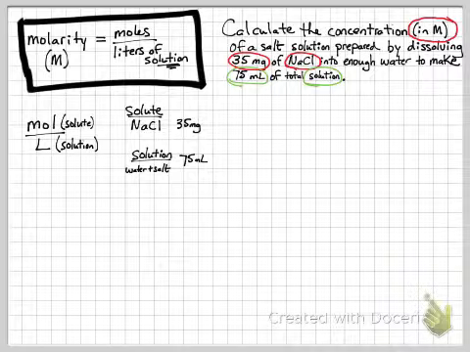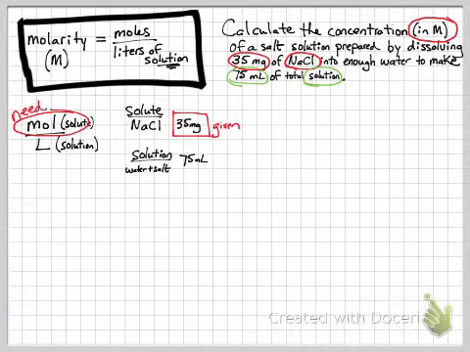I'm already starting to think about the fact that I have been given a mass amount, 35 milligrams of the solute, but in my concentration, I need moles. So in order to do this problem, I'm going to have to figure out how many moles are in that 35 milligrams of salt.